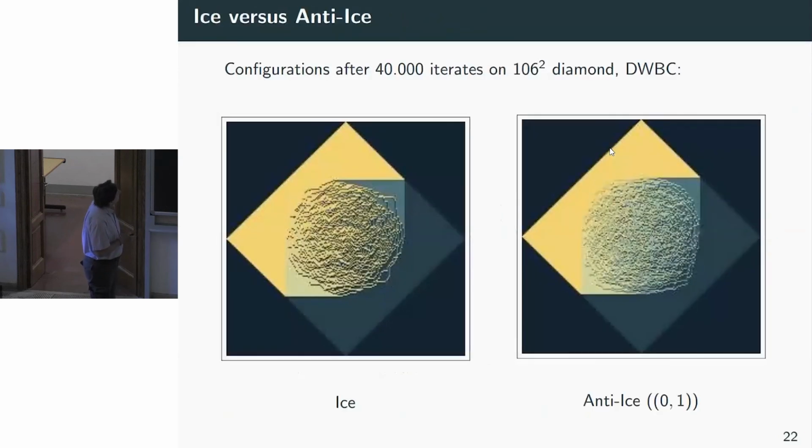So here's just a snapshot at equilibrium of the ice configuration and then the anti-ice configuration. This outside boundary is a little bit more squarish, if you imagine it there, but there definitely seems to be a sort of tempered and frozen domains there.